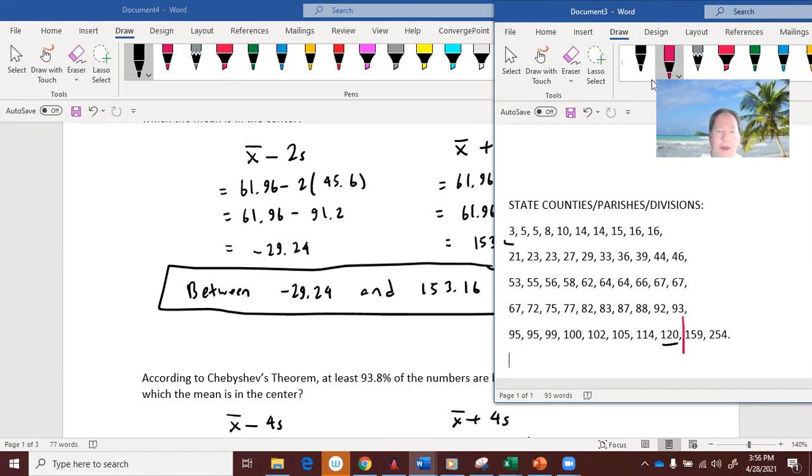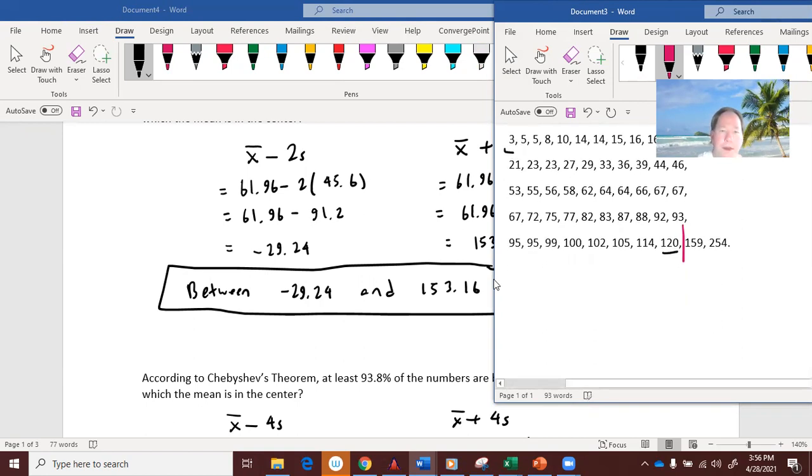Okay, so between negative 29.24 and 153.16 are all of these numbers here from 3 to 120, and that's 48 out of 50 states. All right, 48 out of 50 is equal to 96%.